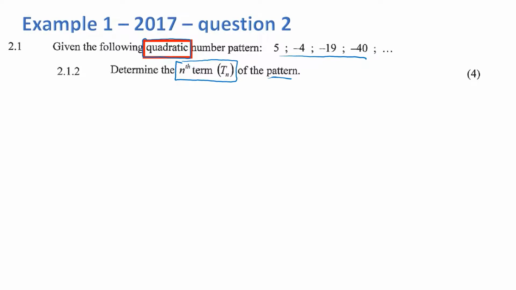So what we know is, in general, the first thing that's important is the following. This quadratic number pattern has a general form that looks something like this, right? That's our end goal.